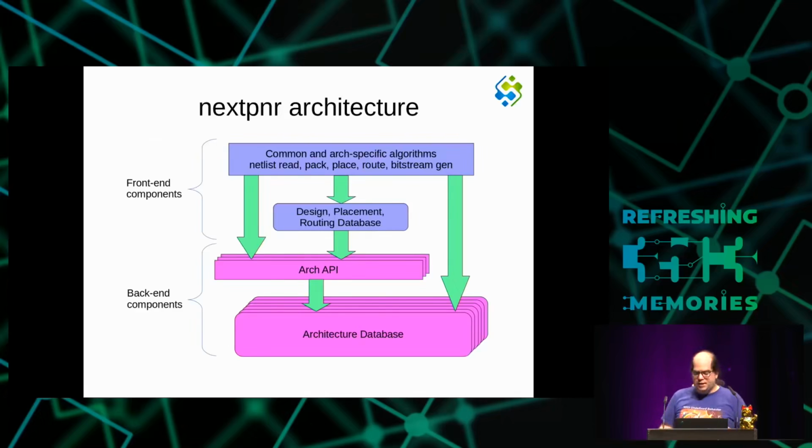And of course, we are trying to design nextpnr in a way so that we can move as much code as possible to the common bits and reuse them in the architecture-specific bits. So on the one hand, for each architecture, you will need to write your own packer, but then on the other hand, we try to provide the infrastructure that makes it fairly easy to do so. Then there is a router, of course, and the placer, but they might be interleaved with similar things that are architecture-specific.